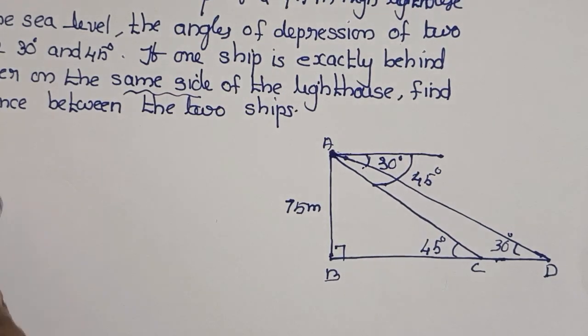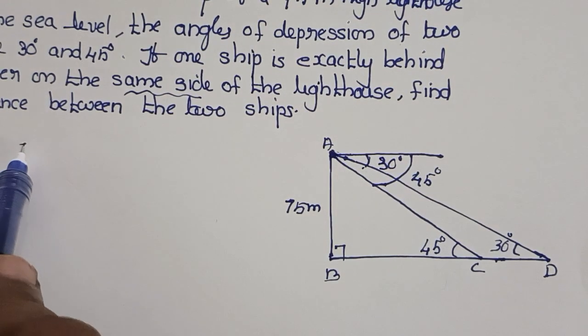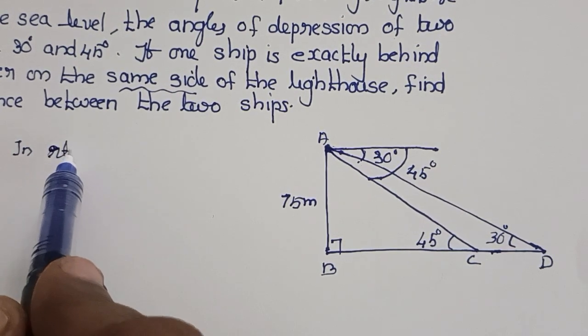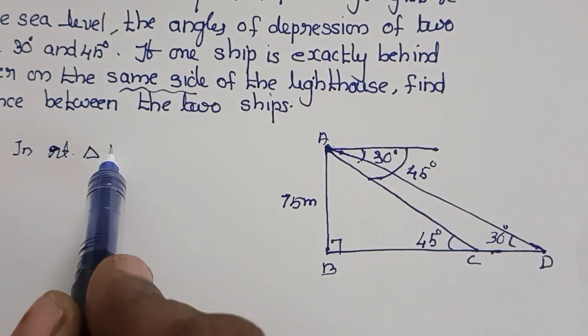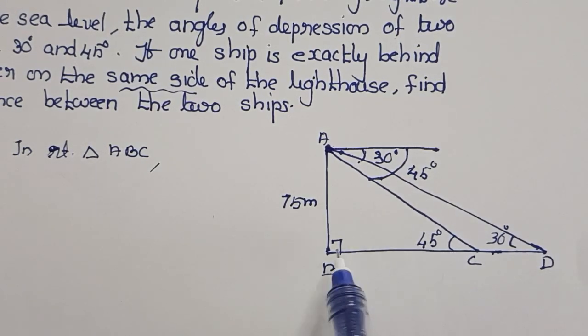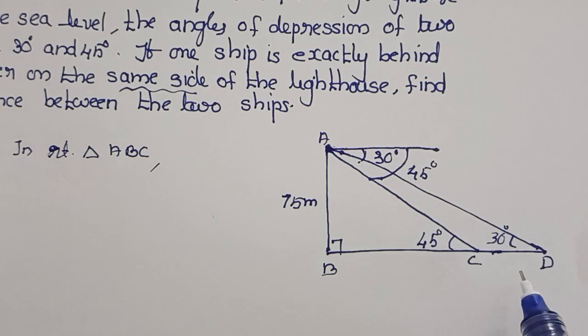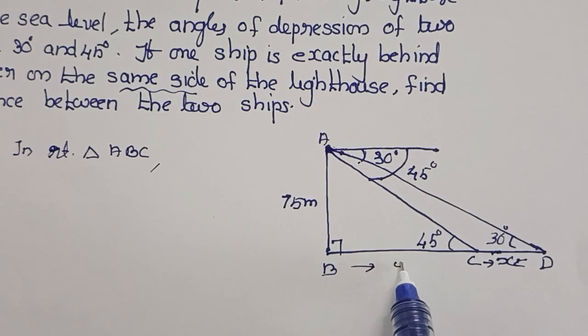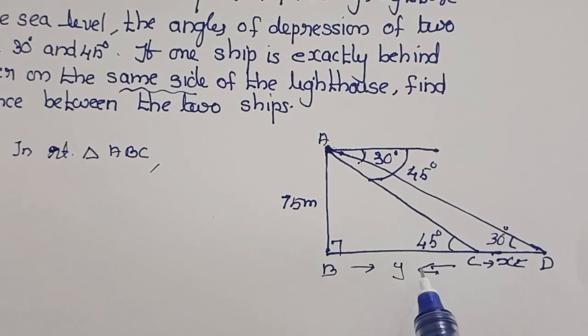Take the first right triangle, that is right triangle ABC. First we have to find the distance between the two ships, that is CD. Take this much distance as X, remaining take it as Y.